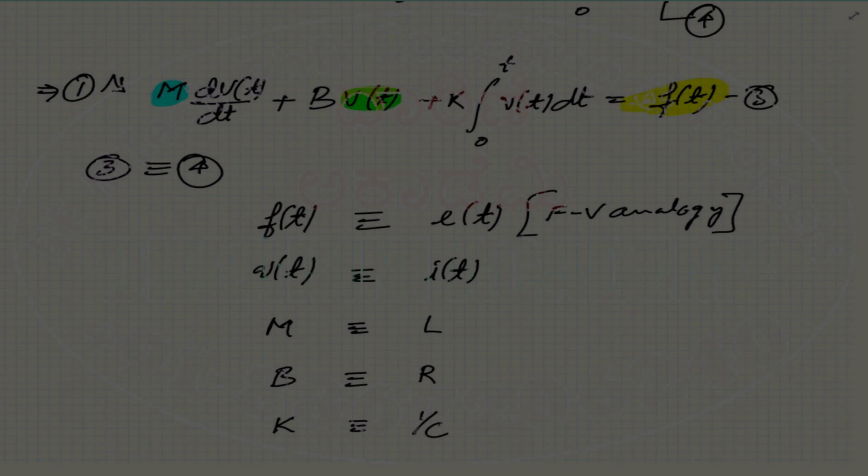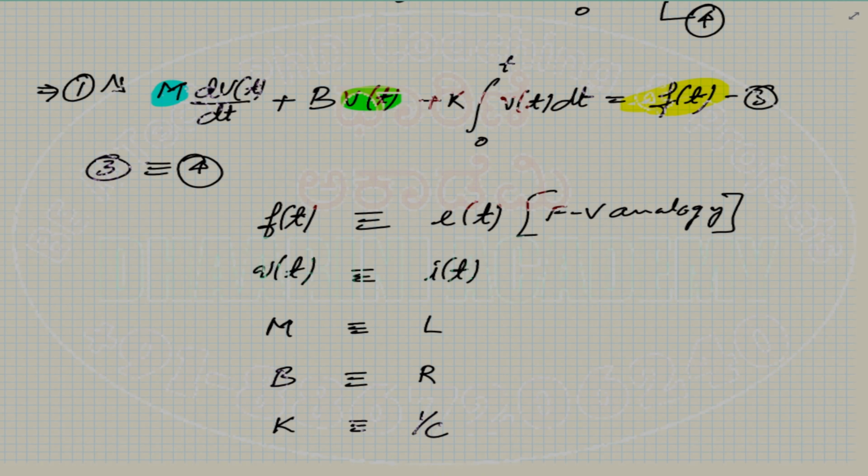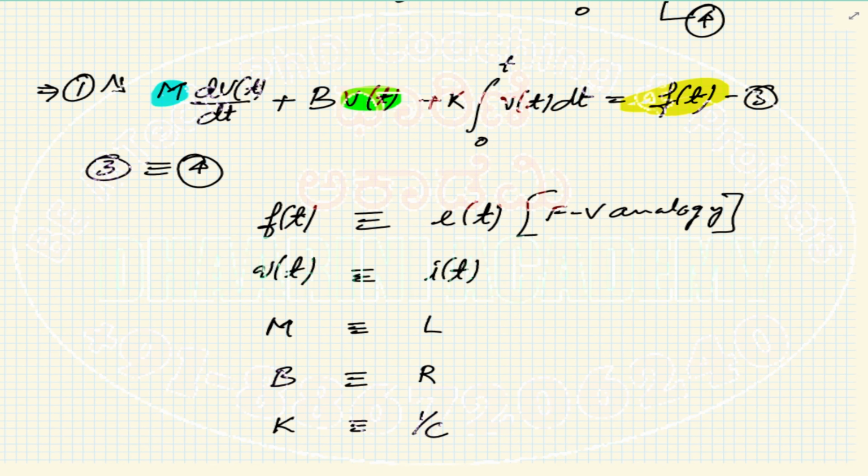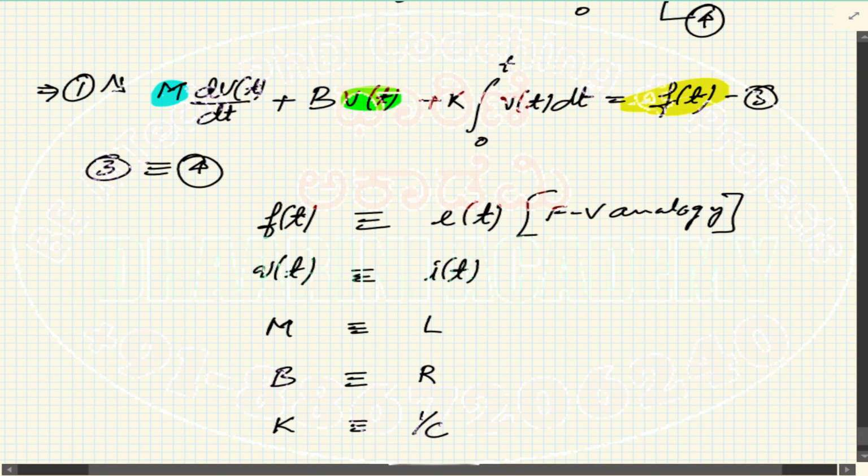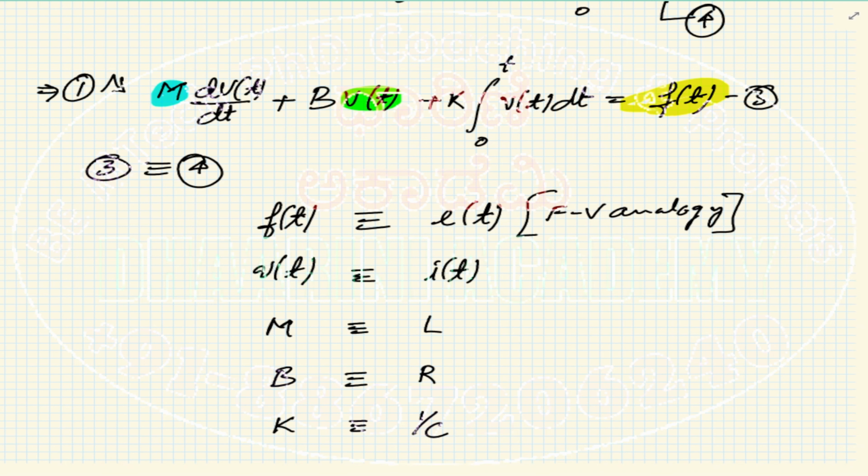Okay, previously we saw that any mechanical system is analogous to an electric system, and we can do the analogy in two ways. The first one is called the force voltage analogy, and the second technique is the force current analogy.